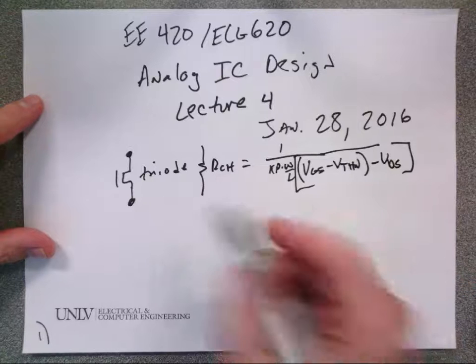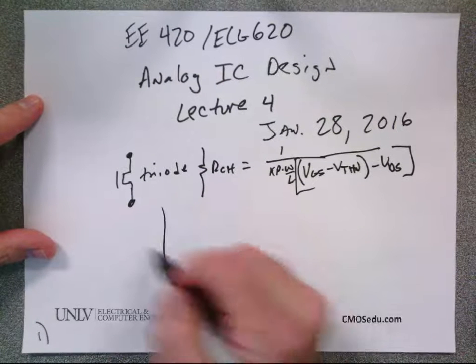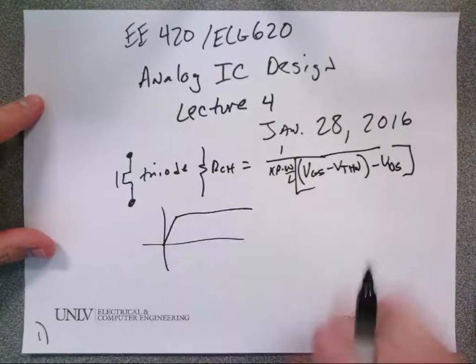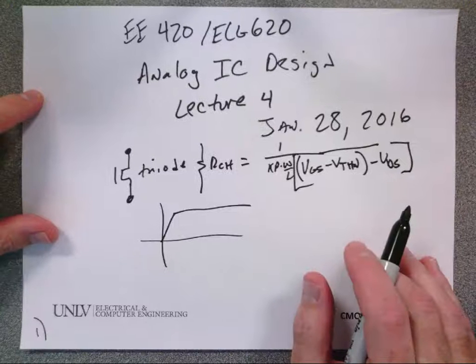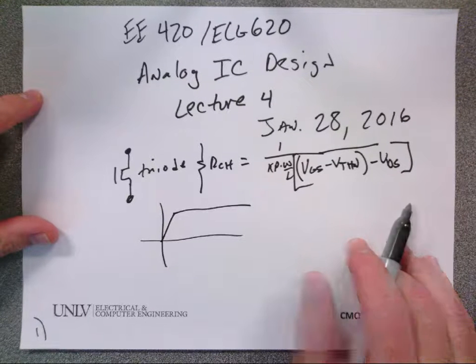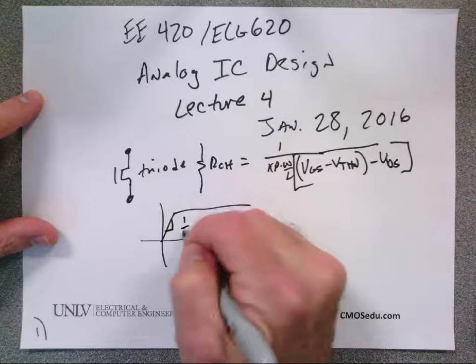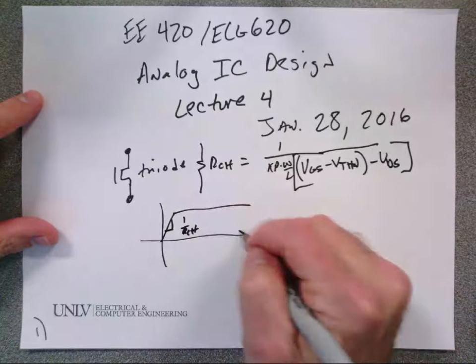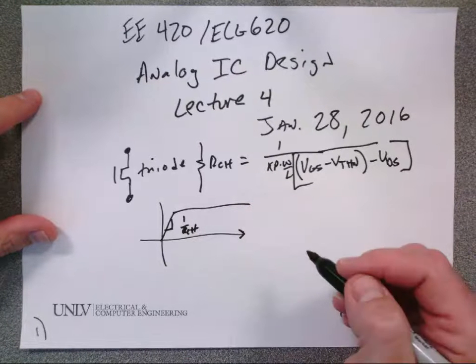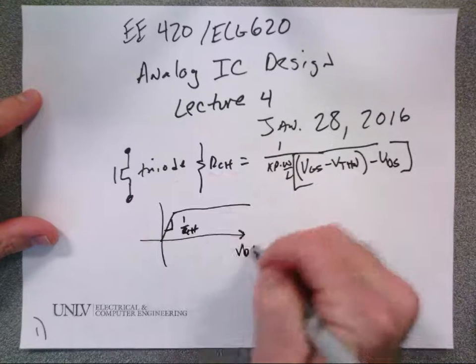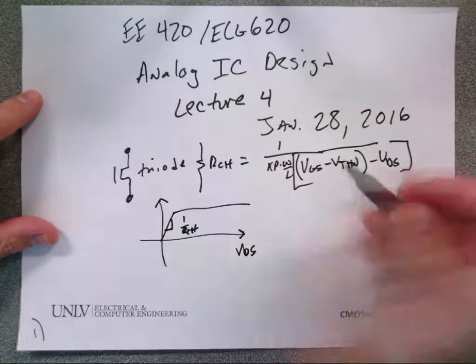There's going to be another, so this would be in the case when we're operating over here. Just as a sanity check for myself, tell me where our channel is here. Yeah, 1 over the slope, right? And what's this axis? VDS.